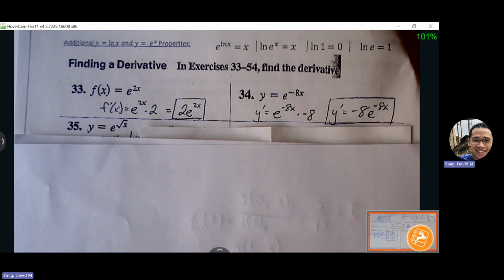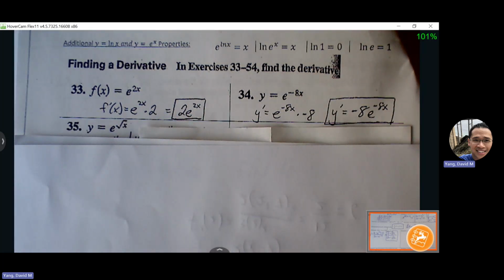Okay. 35 is similar, right? E to the u times u prime, but we should rewrite that root x as what? x to the 1/2, and then we'll go through a power rule with that x to the 1/2.